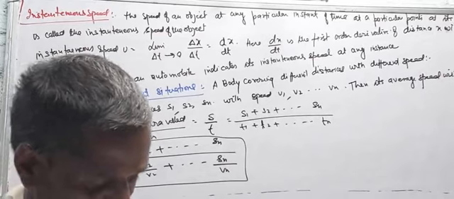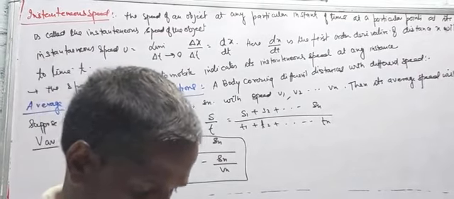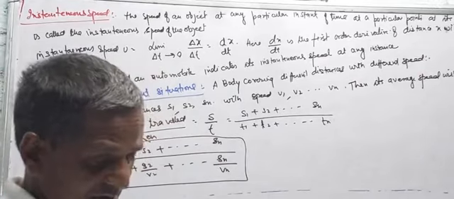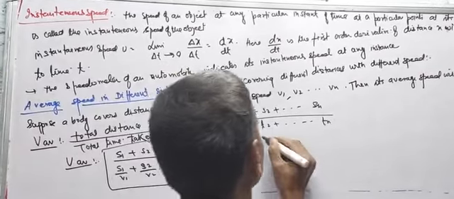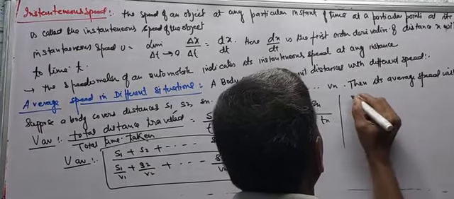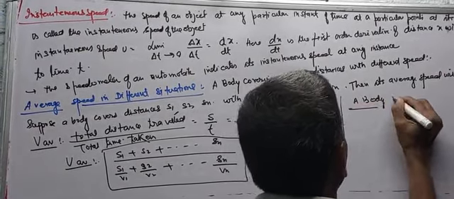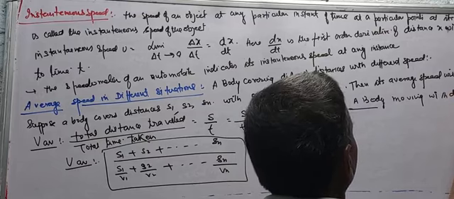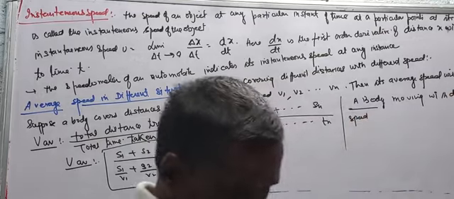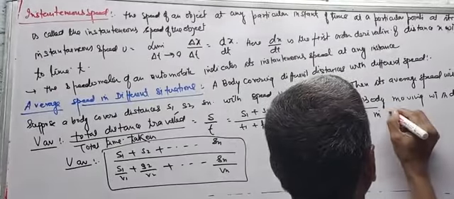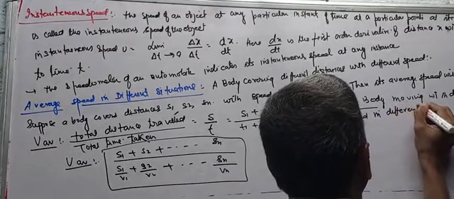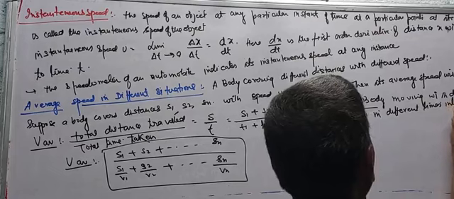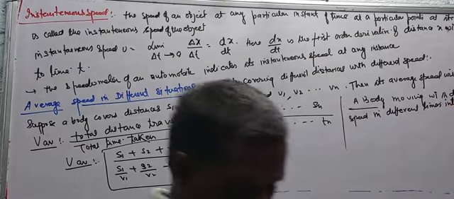A body moving with different speeds in different time intervals.